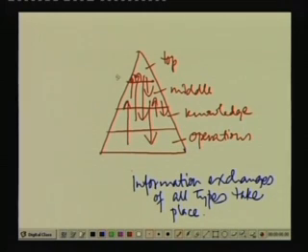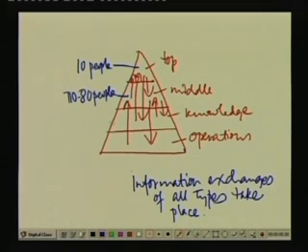Size wise, if you have, say, 10 people at the top level, the middle level in a large organization may have 70 to 80 people, the knowledge level around 120 people, and the operational level from a management point of view quite a large number, say 300 to 400 people.